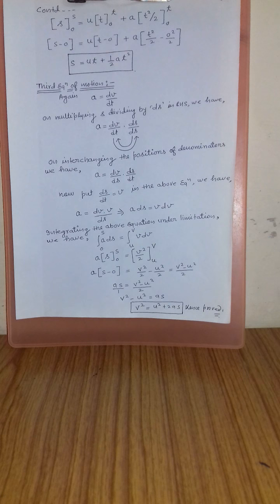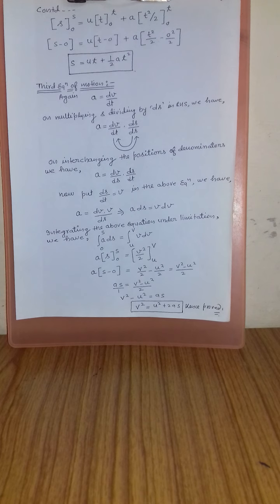Okay, so you see at page 3, small s with the limits 0 to s is equal to u t with limits 0 to t plus a t square upon 2 having limit 0 to t.